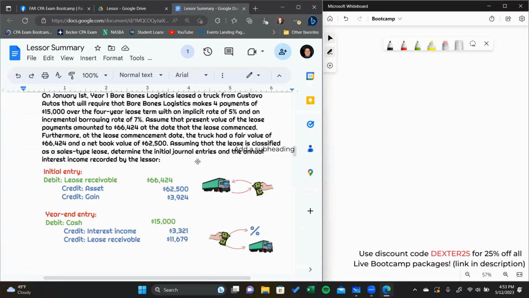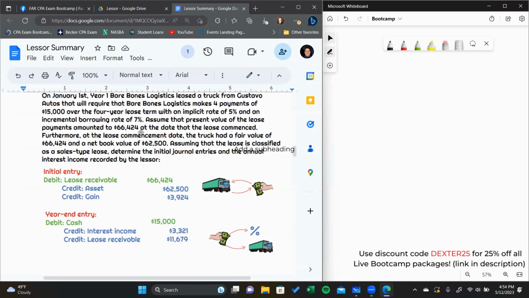The journal entry we would have made is debit cash $66,424, credit asset $62,500, credit gain, right? The only difference is we're not debiting cash here. Instead, we're debiting a receivable because this will be paid out through multiple payments. So we record a gain for sales type leases as though we had sold the asset.